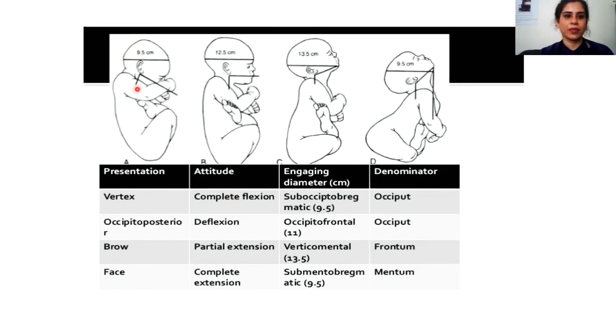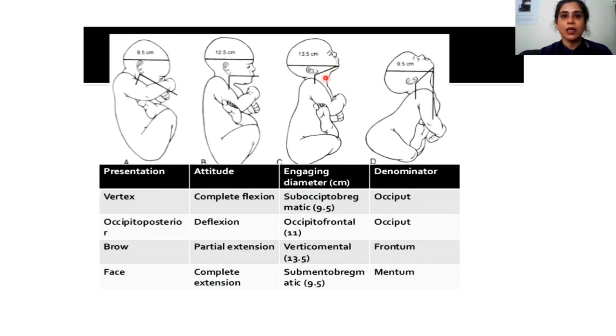The other presentation is occipito-posterior presentation, in which there is partial deflexion of the fetal head, and the engaging diameter becomes occipito-frontal, from the occipital bone to the frontal, between 11 to 12 centimeters. Then is the brow presentation, when there is partial extension of the neck.